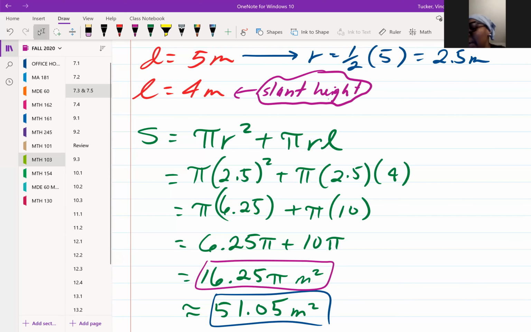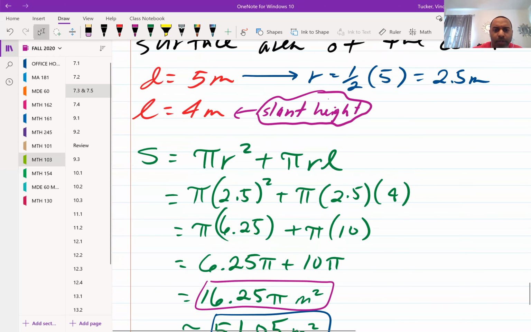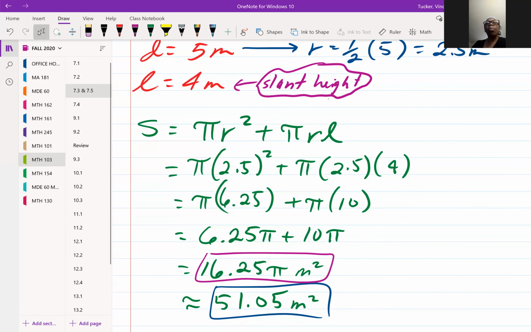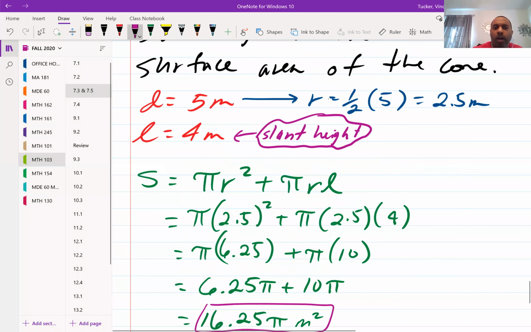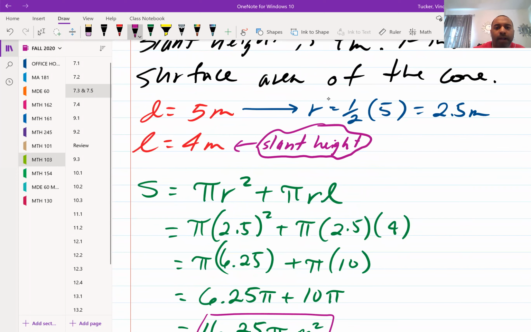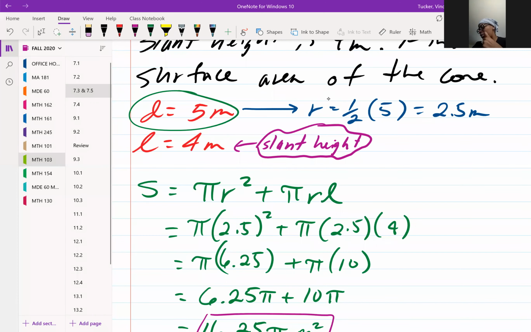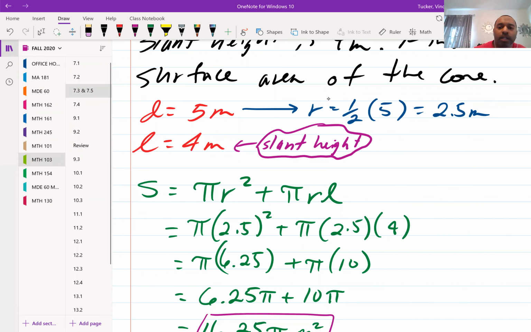Yes, I have another question. You divided on this last one. You don't multiply? Which one? The one we just did, the 5 meters diameter and then the length is 4 meters, the slant height. Now I divided that 5 by 2 because we needed the radius. They gave us the diameter of 5 meters, and in order to get the radius, I needed to divide it by 2.